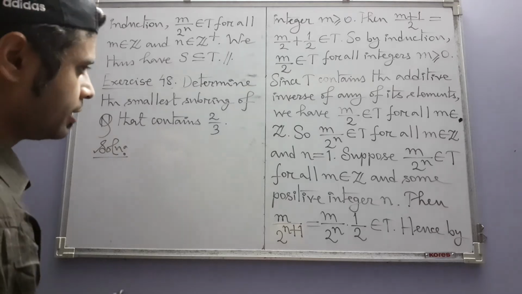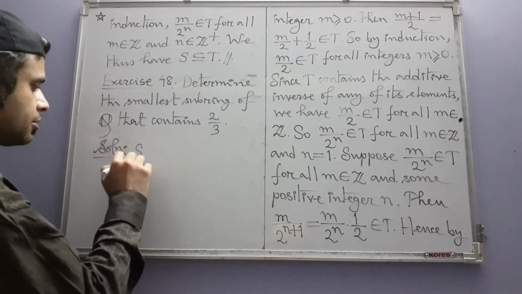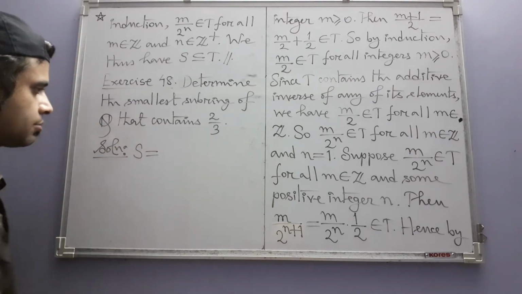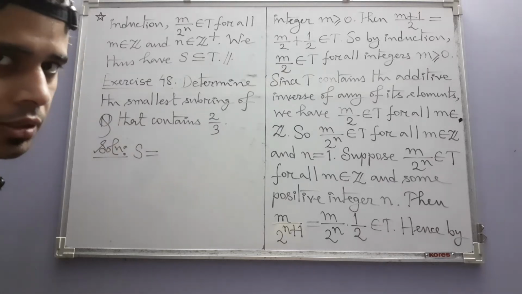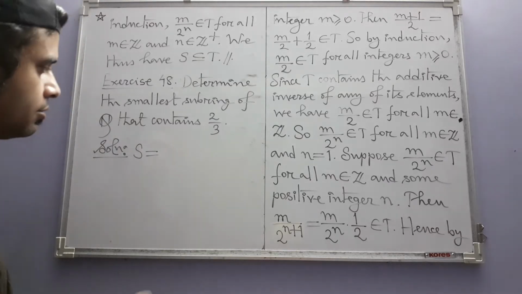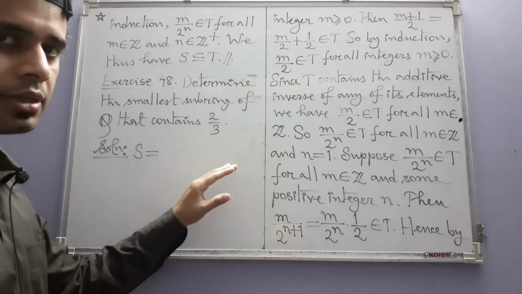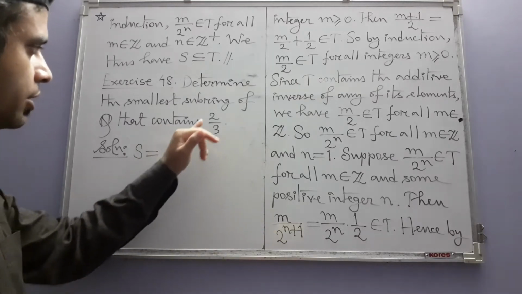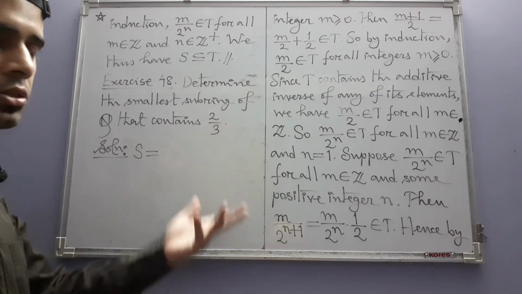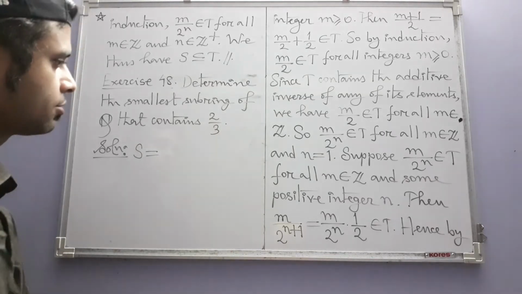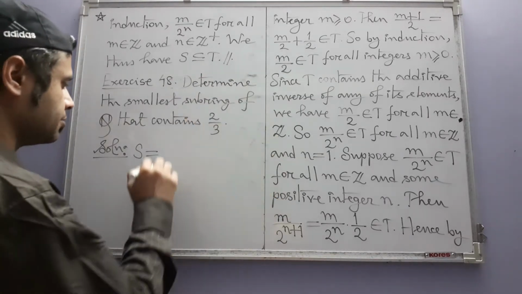I won't write anything much. I'll just simply write the candidate for the subring. You have to show the rest of the things: that the set that I am going to write here is actually a subring of Q containing 2 over 3, and it's the smallest such. That you can prove similarly.